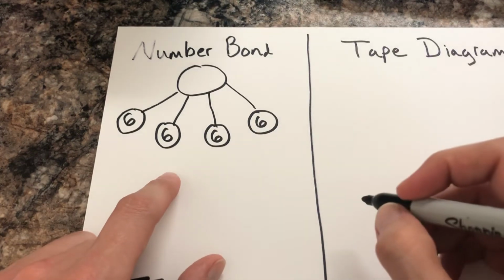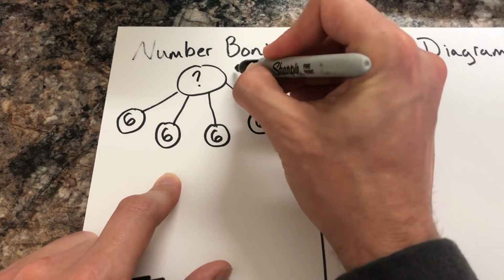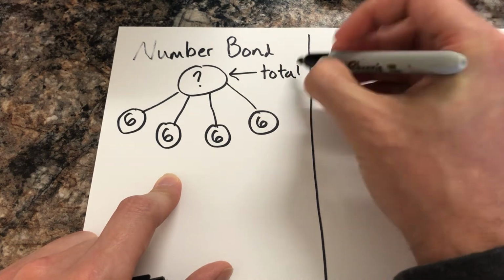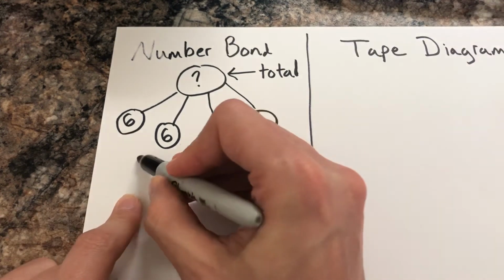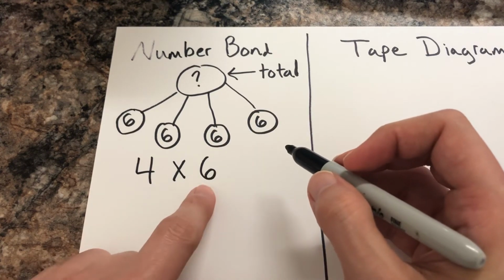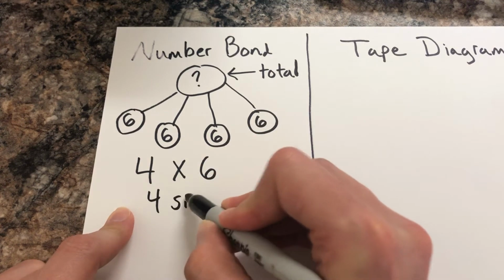That's what my number bond looks like. And this right here will have a question mark in it because I don't know the total. I know that there are 4 groups of 6 because there are 4 cookies and 6 in each. I know that there are 4 6s.